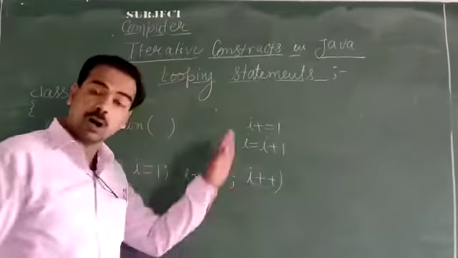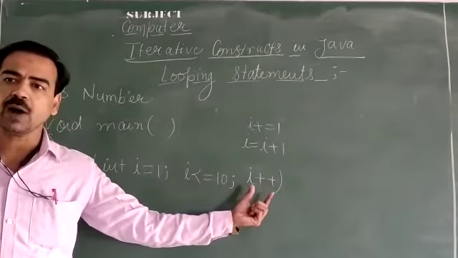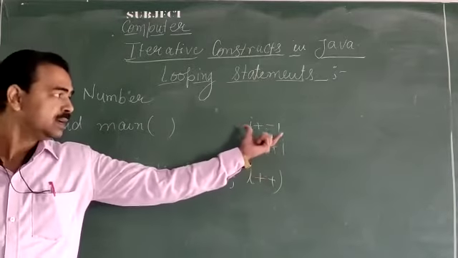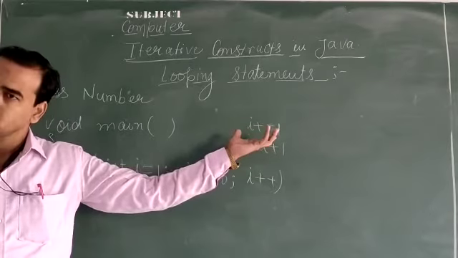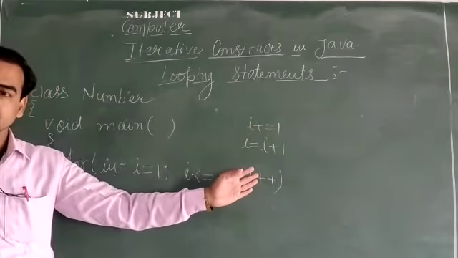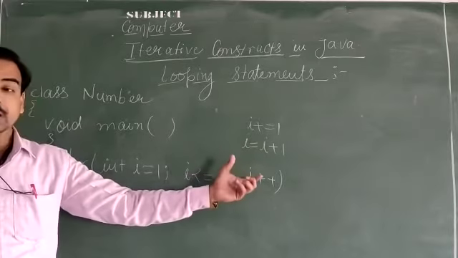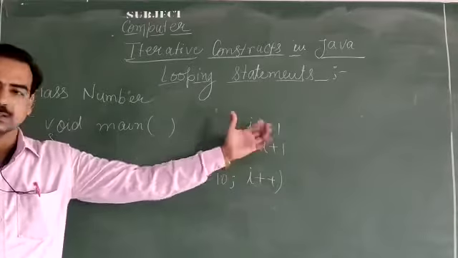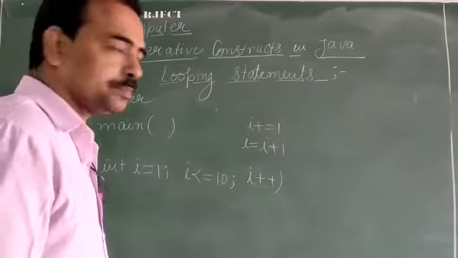Both are correct. This will increase the value of i by 1. This will also increase the value of i by 1. This will also increase the value of i by 1. So don't be confused. If in any question the updation part is written like this or this, both are the same. Got it?